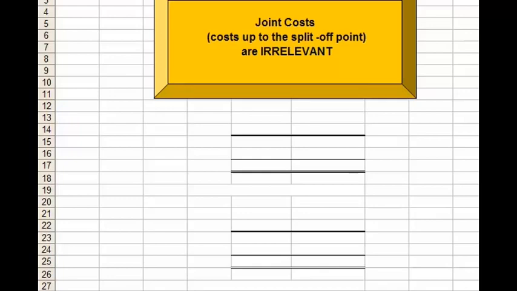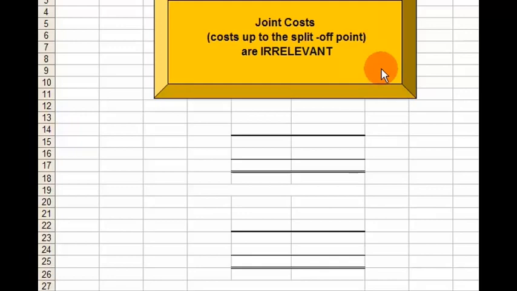In these types of situations, the joint costs are going to be the irrelevant costs. By joint costs, I mean all of the costs incurred up to the point where you have a decision to make about whether you're going to keep this product in its current state or process it further into something else. Joint costs are all costs up to the decision point, basically, the split-off point.